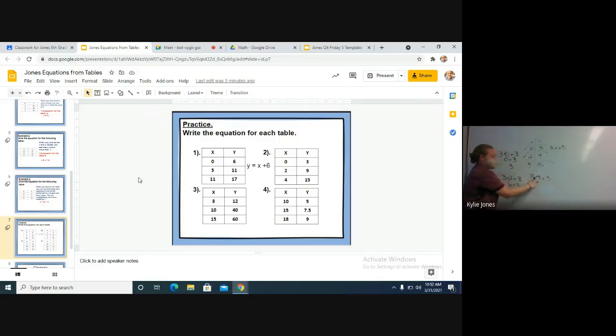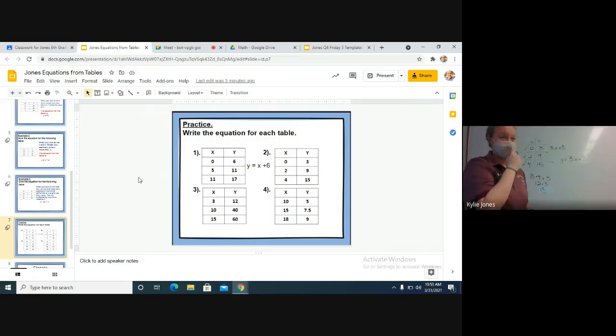What is 3 times 4? 12. Plus 3 is 15. Does that work for that one? Yeah. Guess and check. That works. That's our equation: y equals 3 times whatever our x value is plus 3. It's a lot of guess and check. There's not really any other way to do this except for guessing and checking.